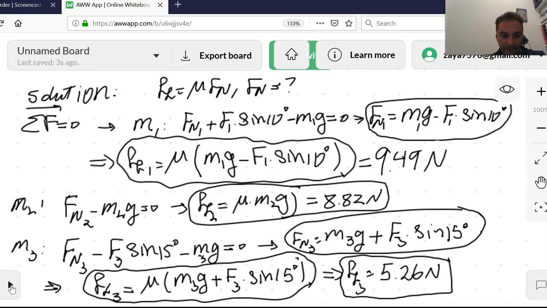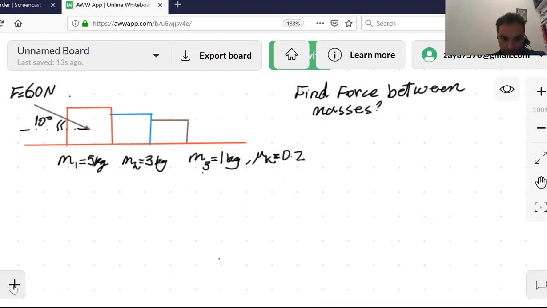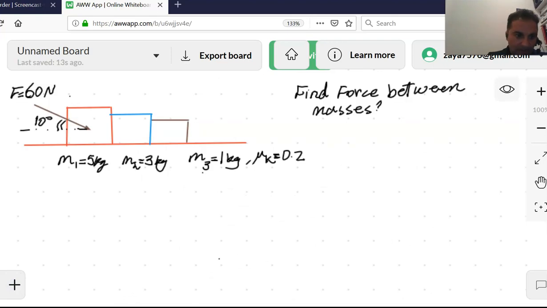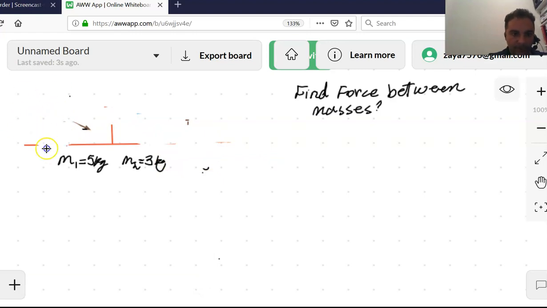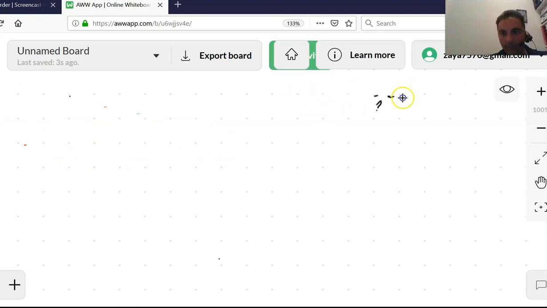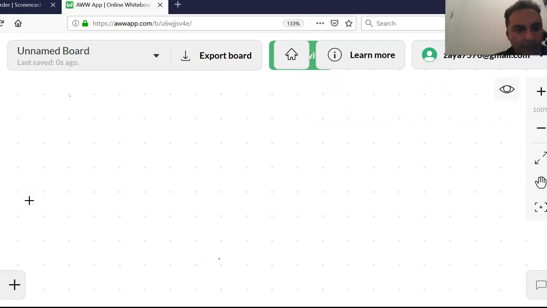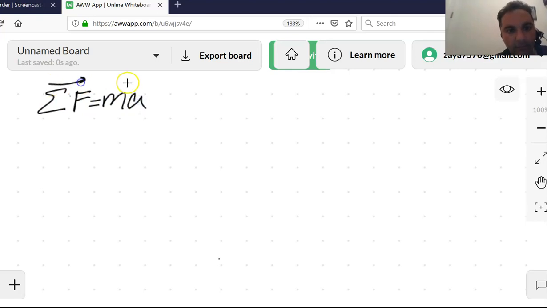Now what I have, let me erase this. Let's continue on the same page. Okay. Now guys, let's write sigma F equals ma for the axis where we have motion. So I am going to write for m1, m2, m3.